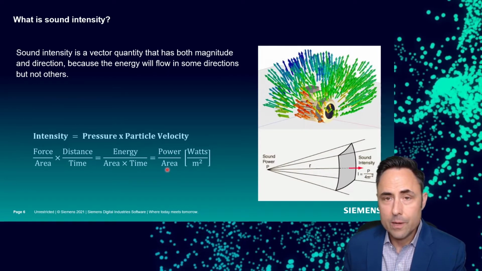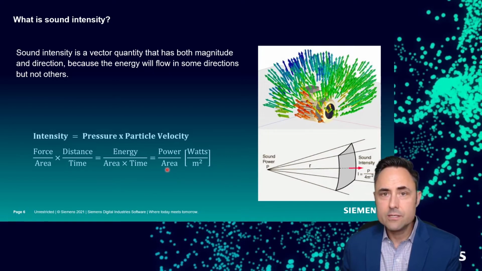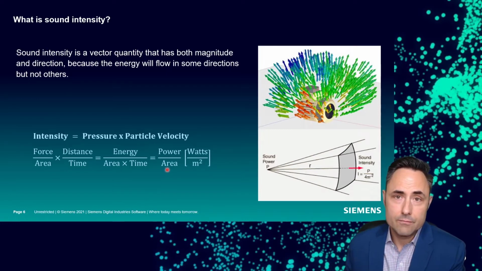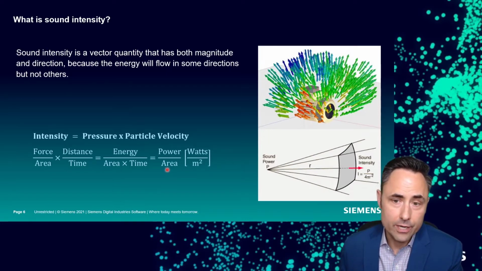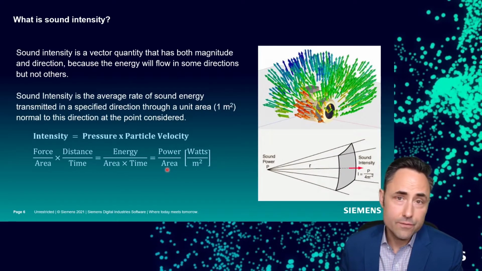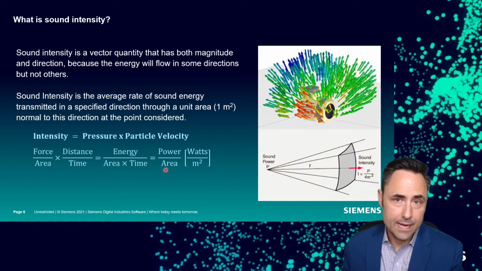And so we break down our object into a bunch of small areas, and then we say how much of the sound energy or wattage comes out in that square meter area, okay? The sound's going to flow out of some places more than others, and we're going to map that out, okay?